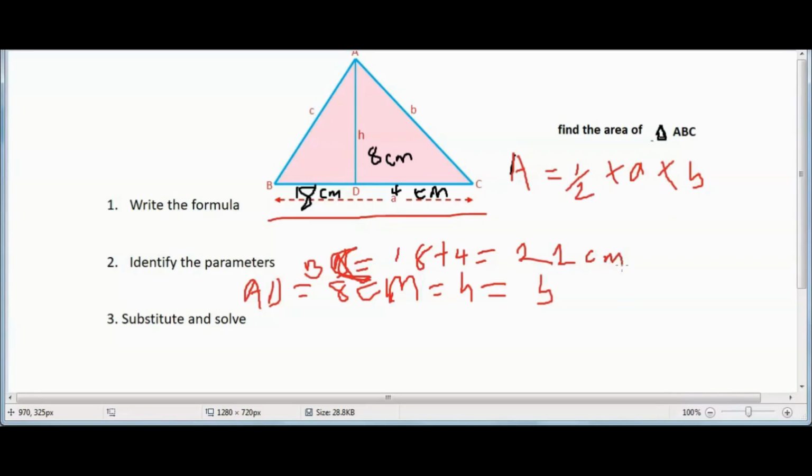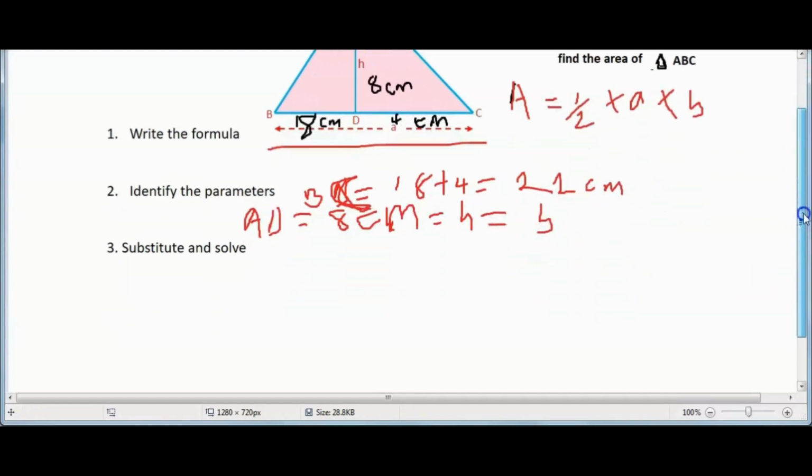As I indicated, line BC has been split into 2. One part is 18 and the other part is 4. So what you need to do is to sum up the 2 numbers to get the length BC. As simple as that. 18 plus 4 gives 22. Now substitute the values into the formula. Area is half times a times b.